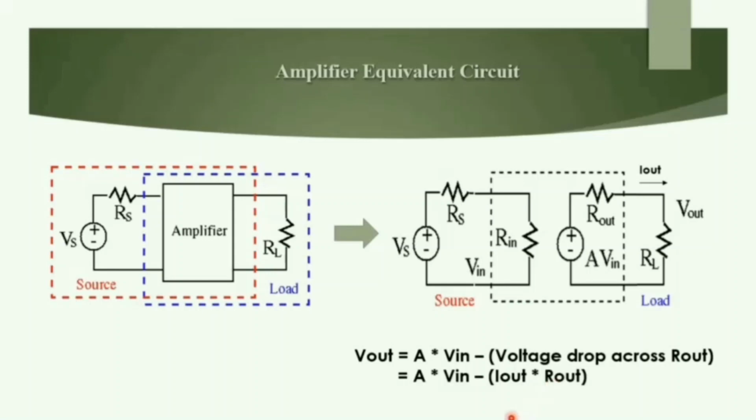You may notice one more thing from this equation, that output voltage will also increase if we increase this voltage Vin. This Vin is the voltage drop across Rin resistor. So if we increase Rin, then the voltage drop across it, which is Vin, will also increase, which will in turn increase the output voltage.